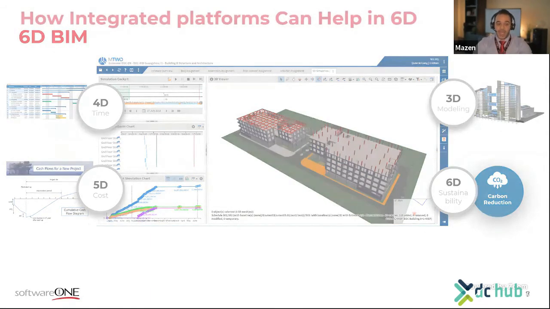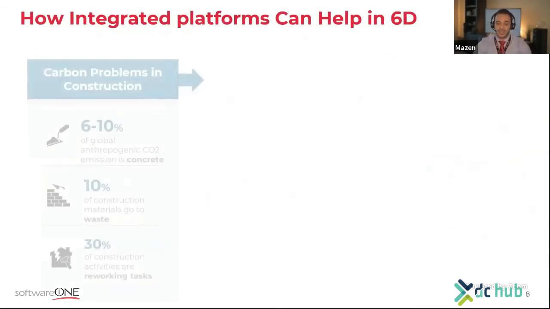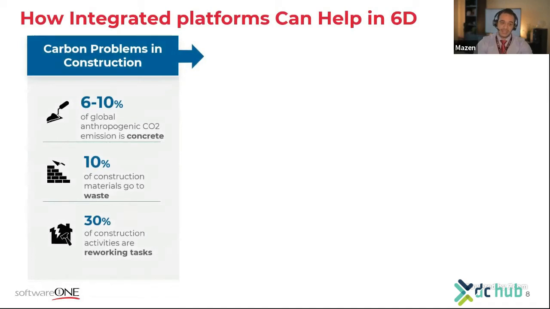So this is how we believe we can help here. On the left-hand side, you can see some of the carbon problems that we face in the industry. Concrete alone contributes 6 to 10% of the global carbon emission. And we as an industry waste quite close to 10% of the material we use on site.